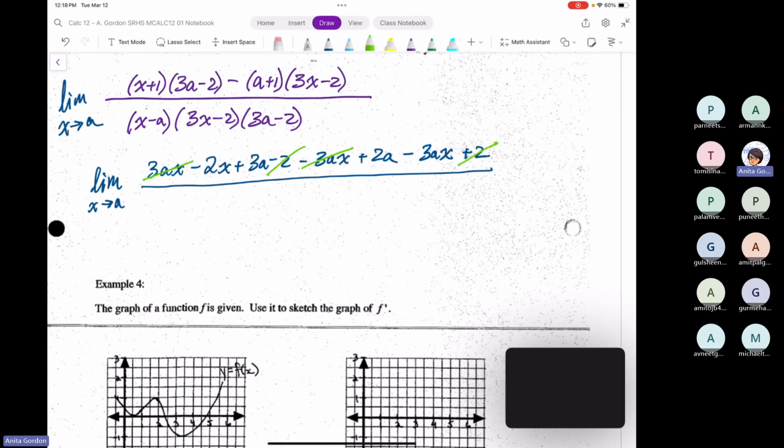Hopefully you're seeing things that are canceling on your end. I'm going to leave my denominator factored to see if there's anything I can cancel out once I've combined my top.